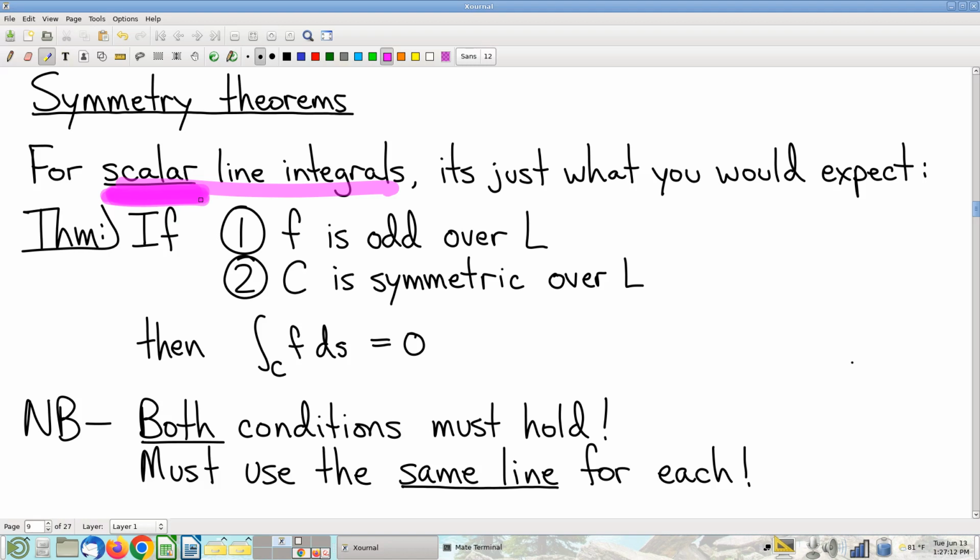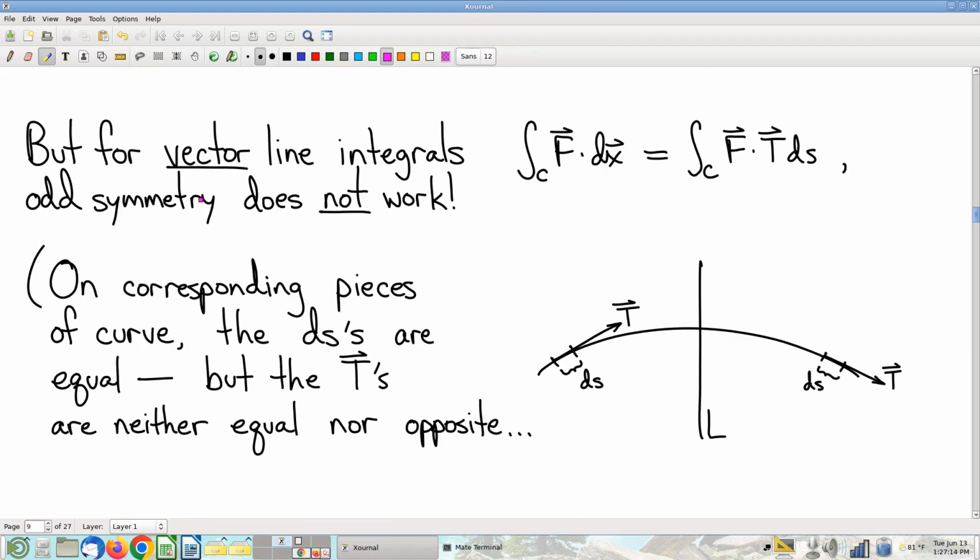Only scalar line integrals. For vector line integrals, there is no odd symmetry theorem. Worse, odd symmetry does not work, right? If you have a vector line integral, there's nothing you can do. It just doesn't work out. And it's not even hard to see why it fails.